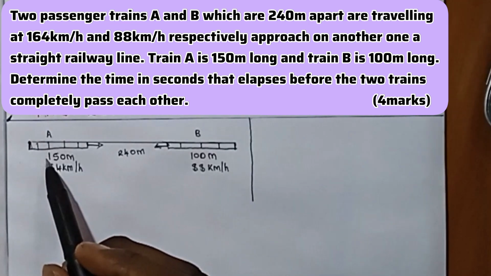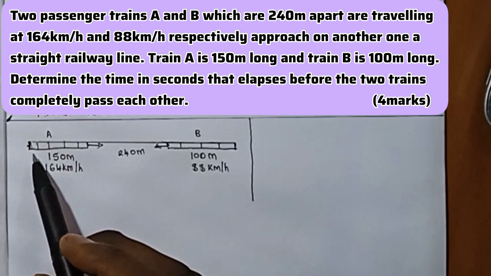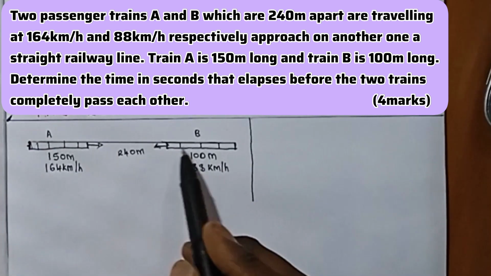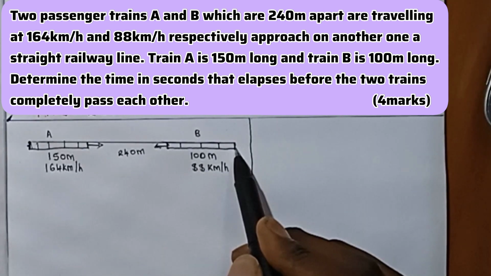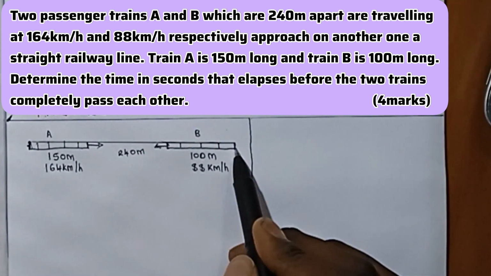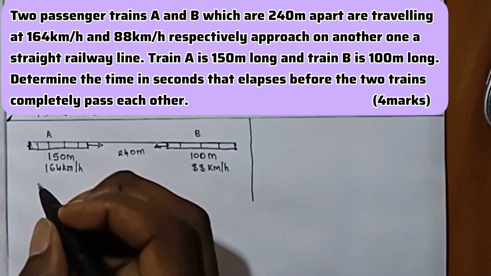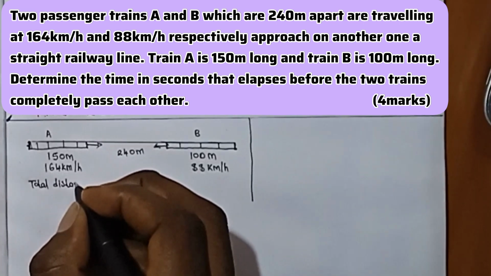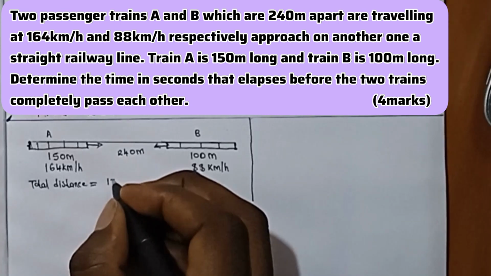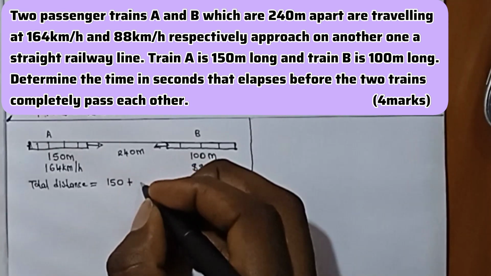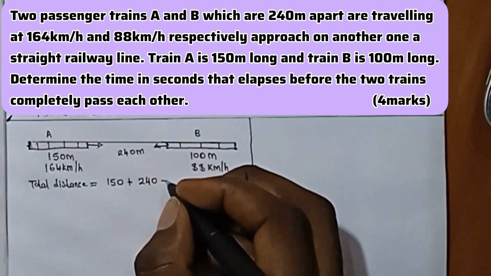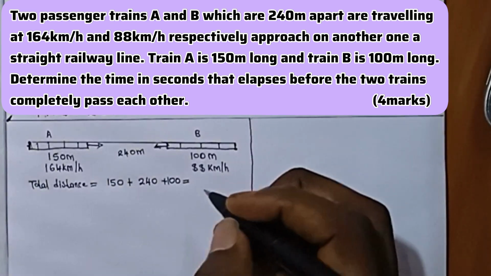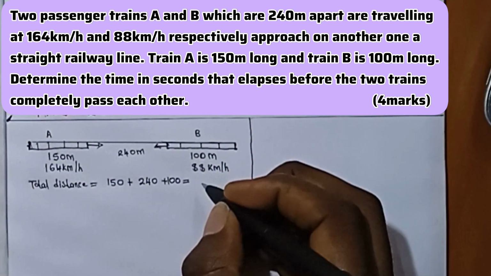So the distance to be covered is the length of train A plus this distance plus the length of train B, which is the total distance to be covered. So total distance is equal to 150 meters plus 240 plus 100. This is equal to 490 meters.